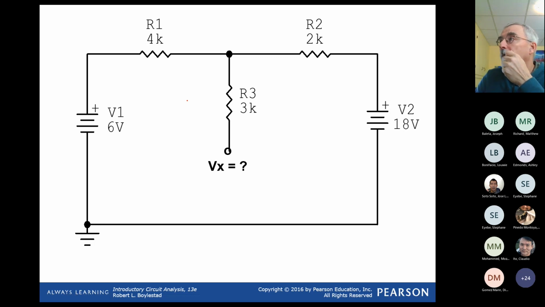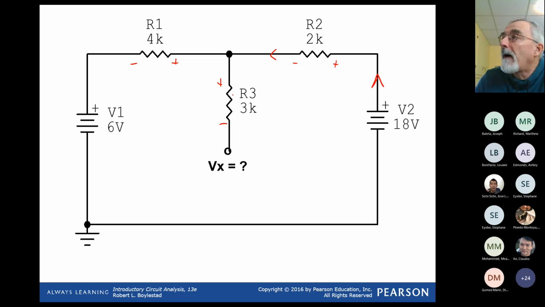Again, we've got to travel through the circuit. We establish first that they're opposing, so this one pushes more. That gives us these drops because current is flowing in this direction.